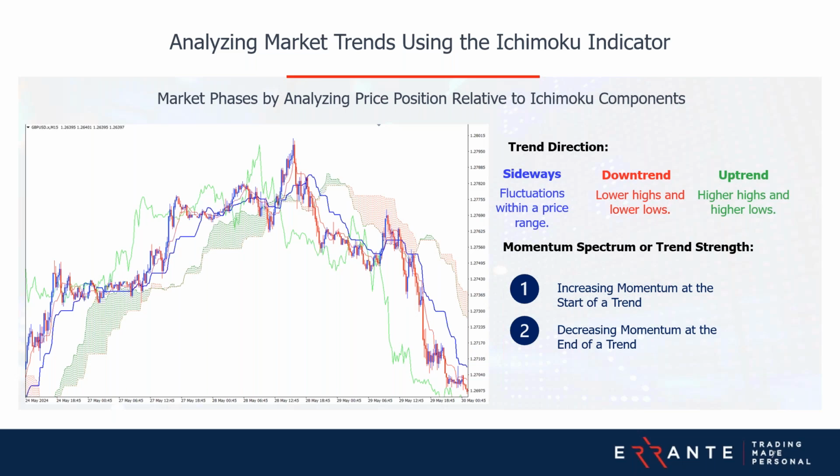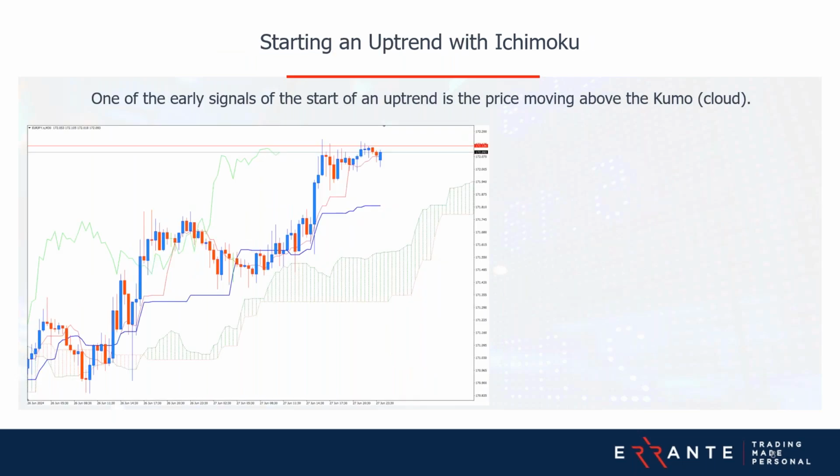The price may start to enter the Kumo, indicating a potential trend change or consolidation phase. The Chikou span moving closer to the price line also indicates weakening momentum, as we see here or here. So this is how we can use Ichimoku Kinko Hyo to interpret the different market phases, as we discussed in our previous webinar, previous session.